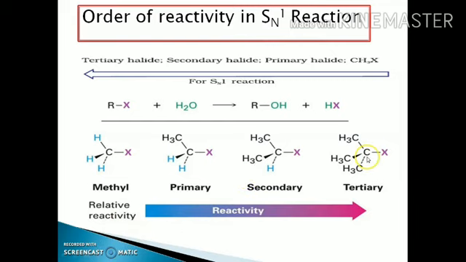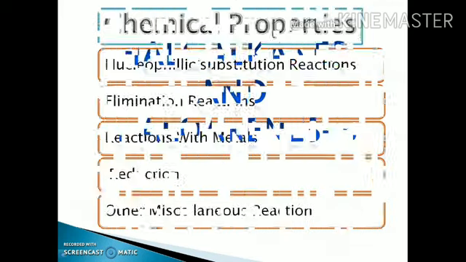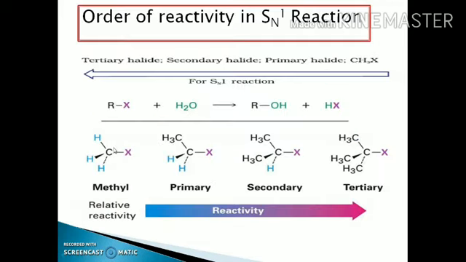In case of the tertiary alkyl halide, the alpha carbon atom is directly attached to 3 carbon atoms. It means it will form the tertiary carbocation. And in case of the secondary alkyl halide, the secondary carbocation will form. And in case of the primary alkyl halide, the primary carbocation will form. And in case of the methyl, the methyl carbocation will form.